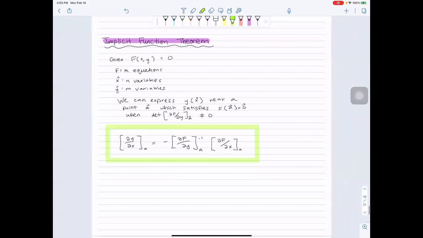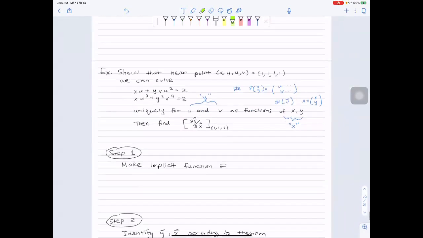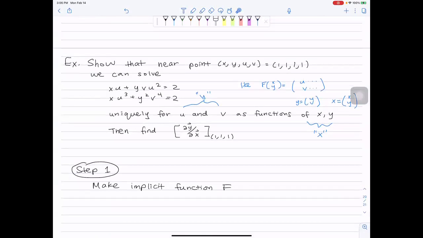Okay, but the definition is kind of confusing, so let's do an example that makes more sense. We want to show that near the point 1, 1, 1, 1, we can solve these two equations uniquely for u and v as functions of x and y. So we want to show that we can solve it, then actually use the implicit function theorem to find this expression.